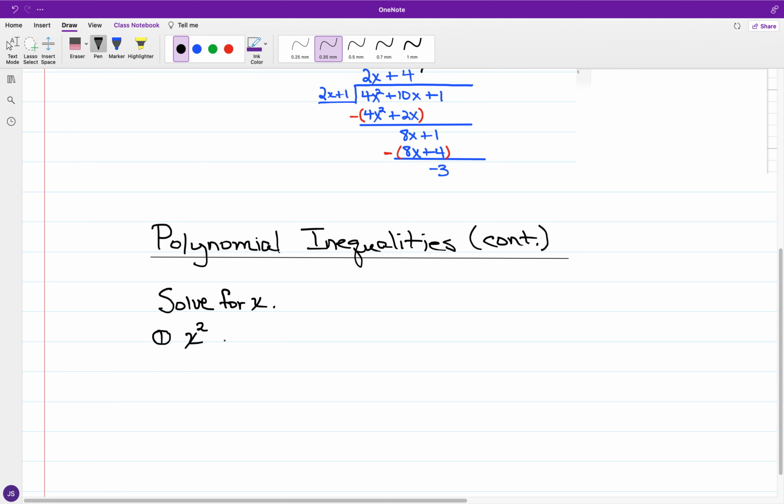where we have x squared plus 6x is equal to 16. And then let's say we start to take these terms and put them in terms of inequalities. So we have x squared plus 6x is less than 16, and x squared plus 6x is less than or equal to 16.